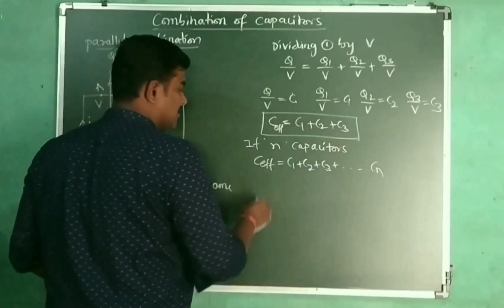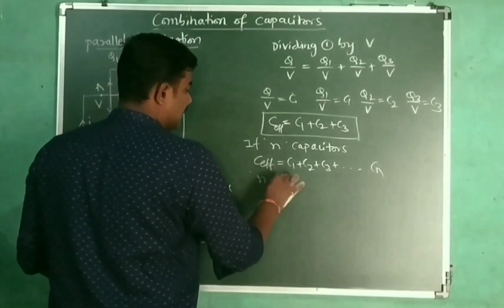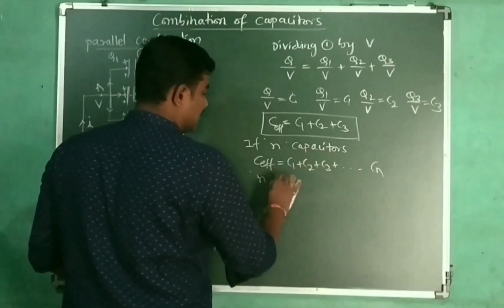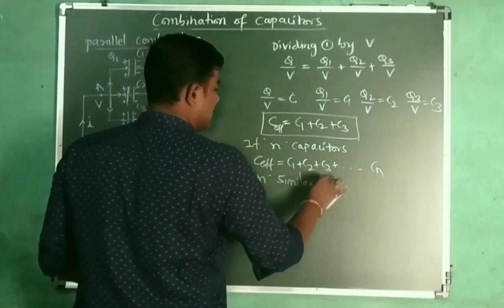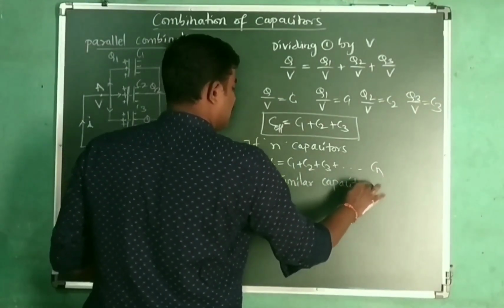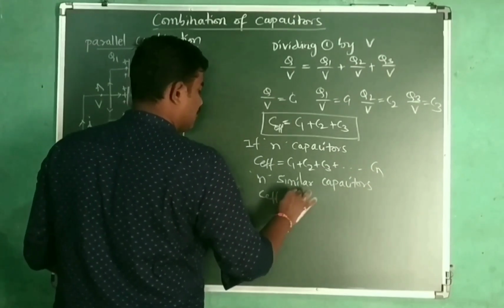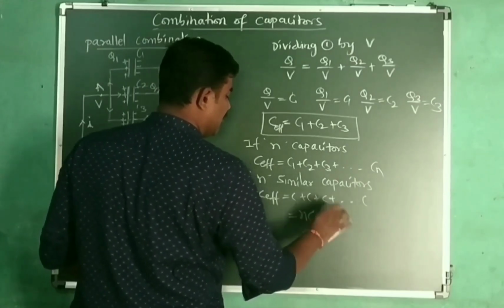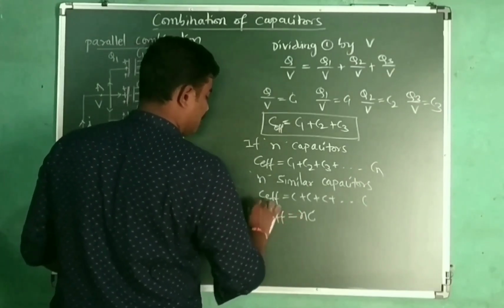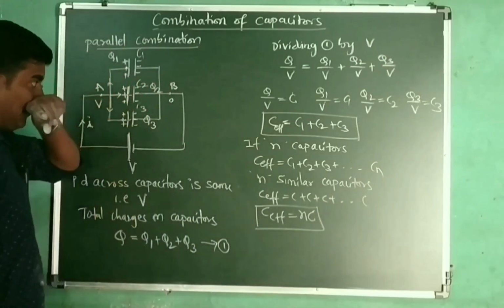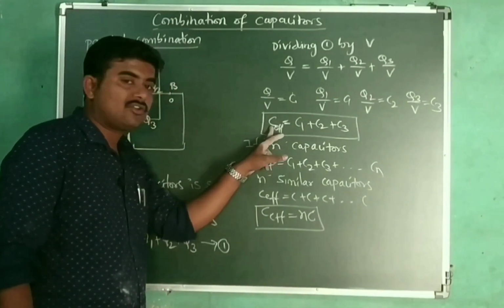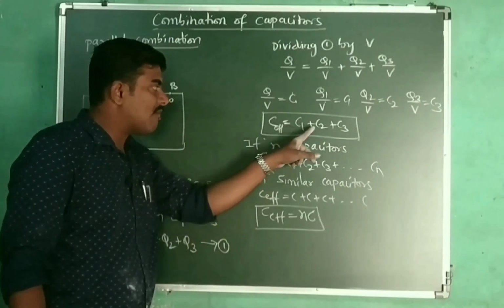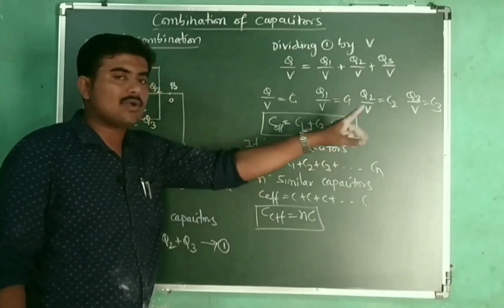And if n similar capacitors have the same value, I can write C effective is equal to C plus C, and so on up to C, or you can write it as n into C. So the effective capacitance of capacitors connected in parallel is equal to the sum of the capacitance of each individual capacitor.